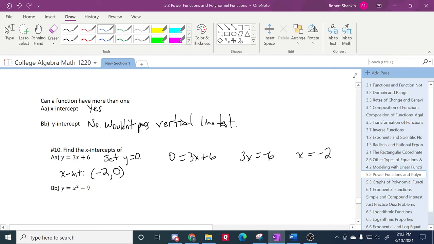Okay, I'm going to set the y to be 0. Now there's two ways I can go about this. It's a quadratic equation. I can add 9 to both sides and take the square root of both sides. Or I can also do this. Factor it.